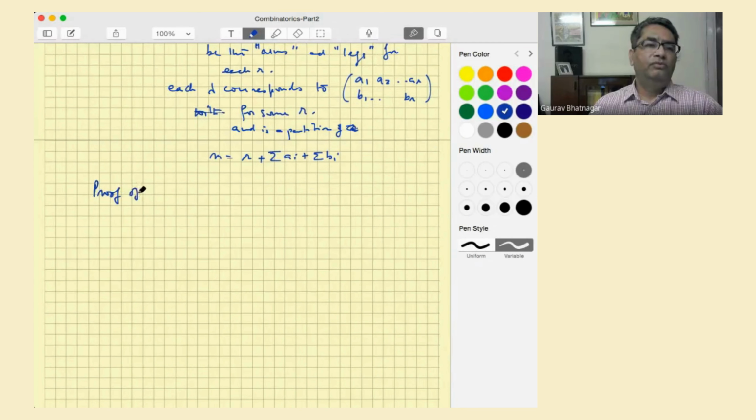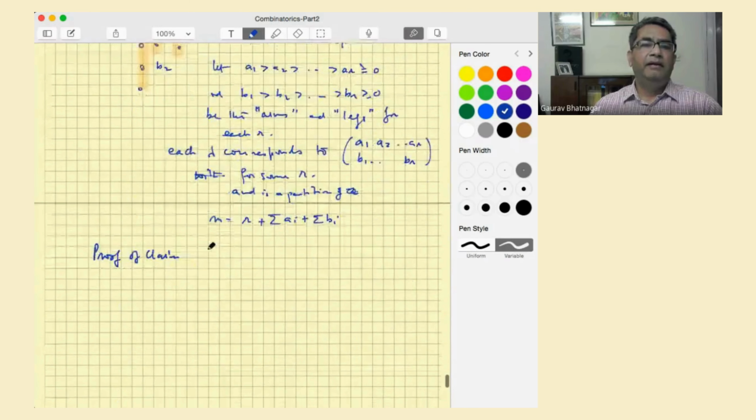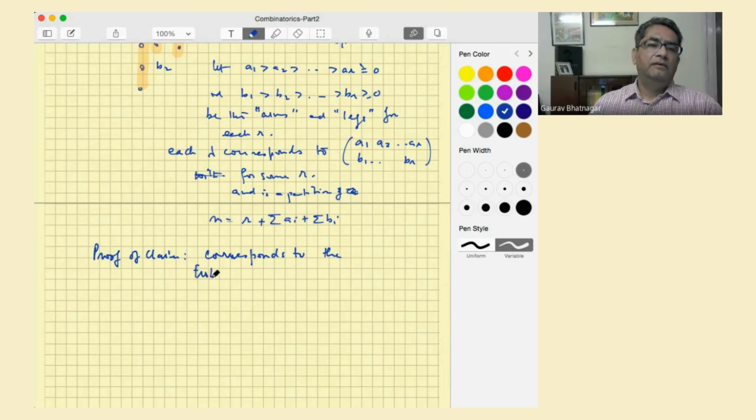So the proof of claim is clear, right? This pair corresponds to the Frobenius partition A1 minus 1, A2 minus 1, and AR minus 1, B1, B2, BR.